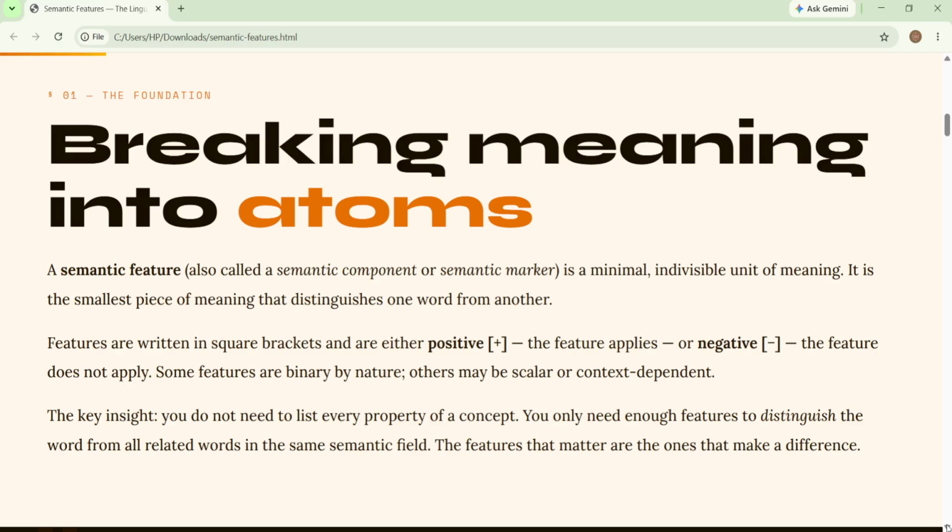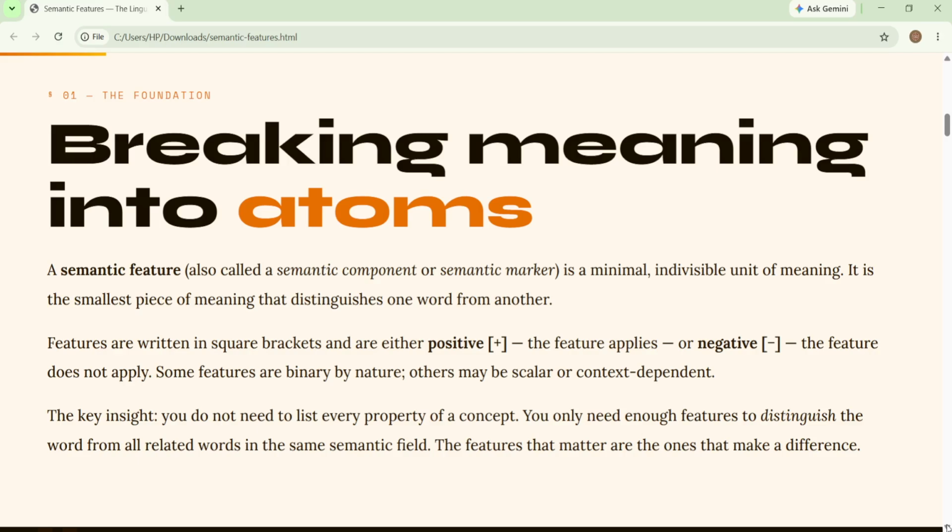Part number 1, the foundation: breaking meaning into atoms. A semantic feature, also called a semantic component or semantic marker, is the minimal individual unit of meaning. It is the smallest piece of meaning that distinguishes one word from another.